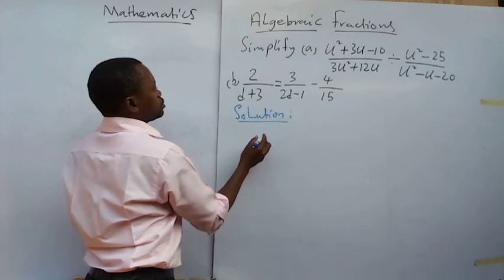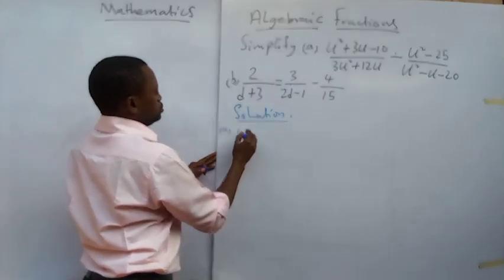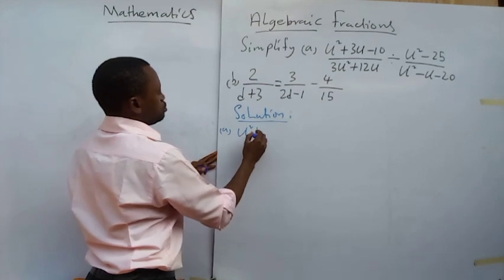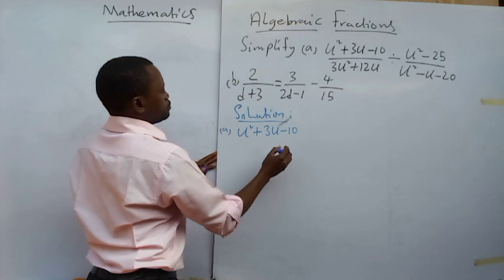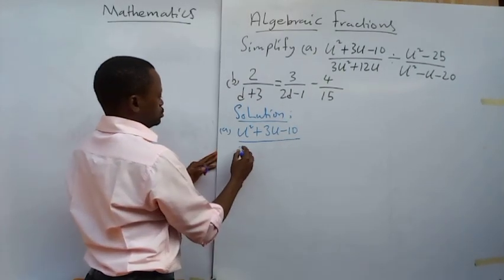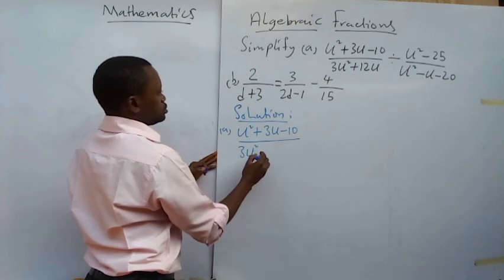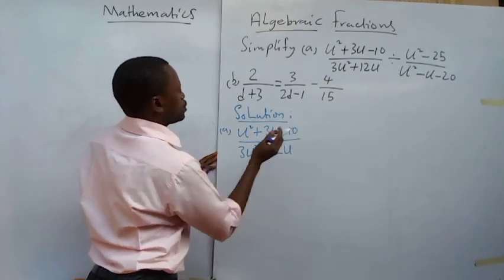Okay. Now we have this first one, u squared plus 3u minus 10 all over 3u squared plus 12u.